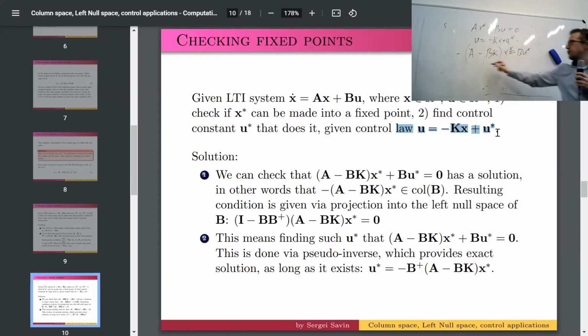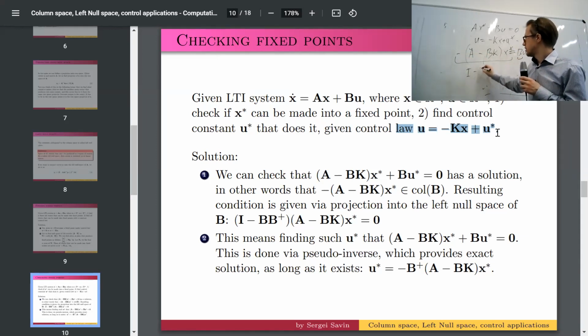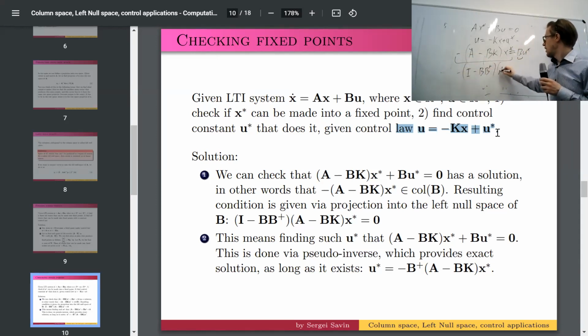And this vector better lie in the column space of B. If it lies in the column space of B, we can find u that would solve it, right? How do we check that the vector lies in the column space? Well, we check that no component of it lies in the left null space. So we check that (I minus B B pseudo-inverse) times (A minus BK) x star is equal to 0. That's the condition for it to be solvable.